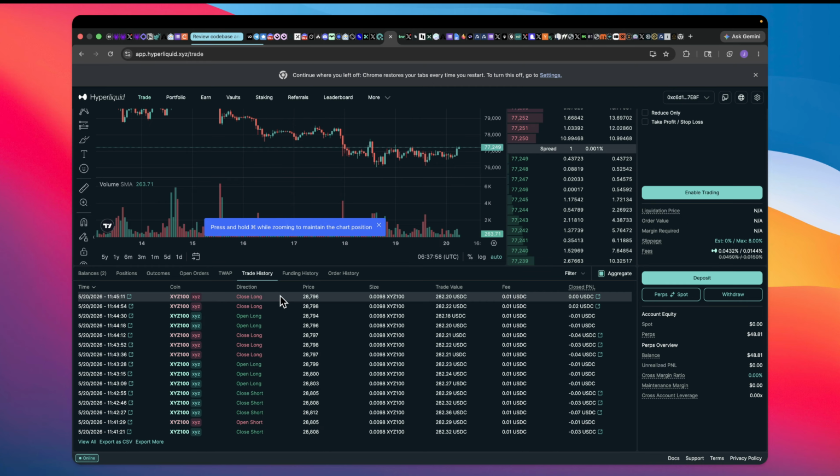I've never had this much volume on Hyperliquid, and interestingly, this is the equity that I put up for this. This is Trade. This is my first outing on Trade, and I've already generated this much activity with $50 plus. Now in the description, you'll see a video of how I got started, my first outing on Tenor, how I set it up and all that, and how much I deposited.